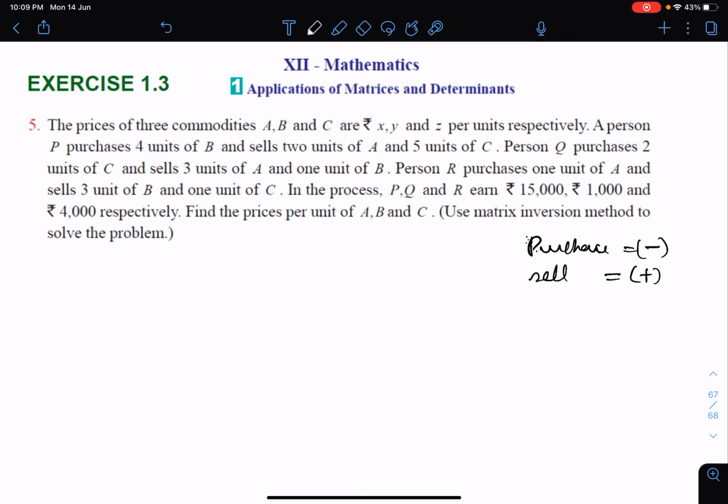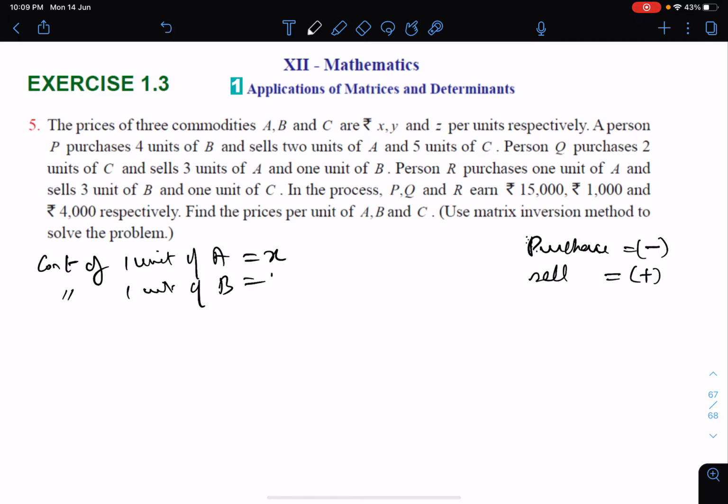So this you have to remember when you write the equations. So P purchases 4 units of B. The cost of 1 unit of A is X. Similarly, the cost of 1 unit of B is going to be Y, and the cost of 1 unit of C is going to be Z. So here we are going to form the equations.